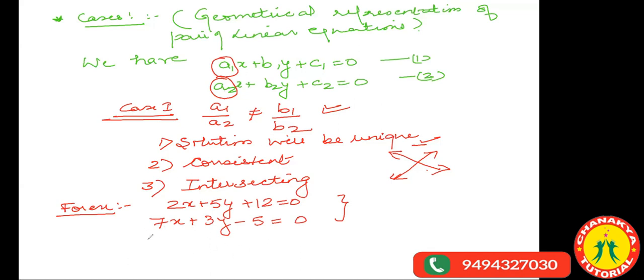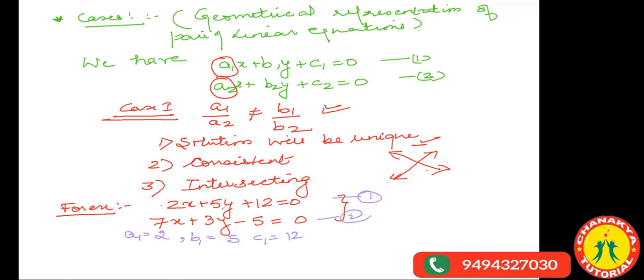Now Meher, will you please unmute yourself? Tell me the values of A1, B1 and C1 from the first equation. 2, then plus 5 and plus 12. Good.